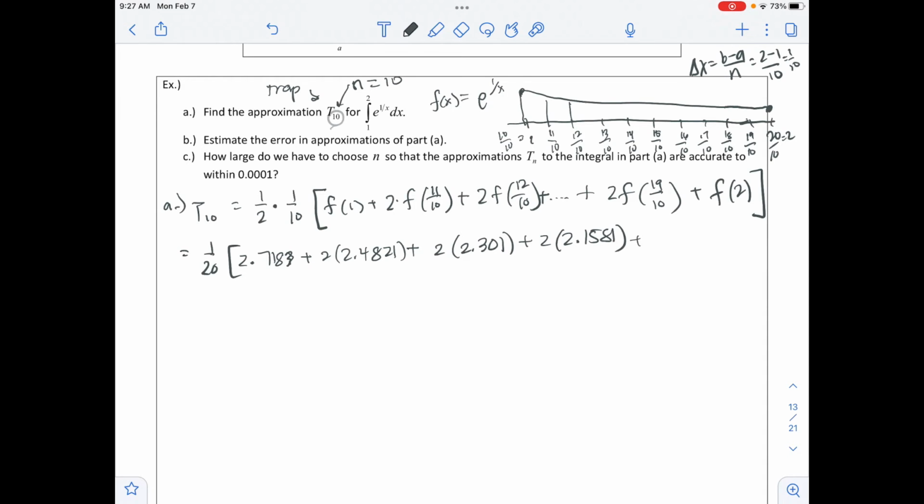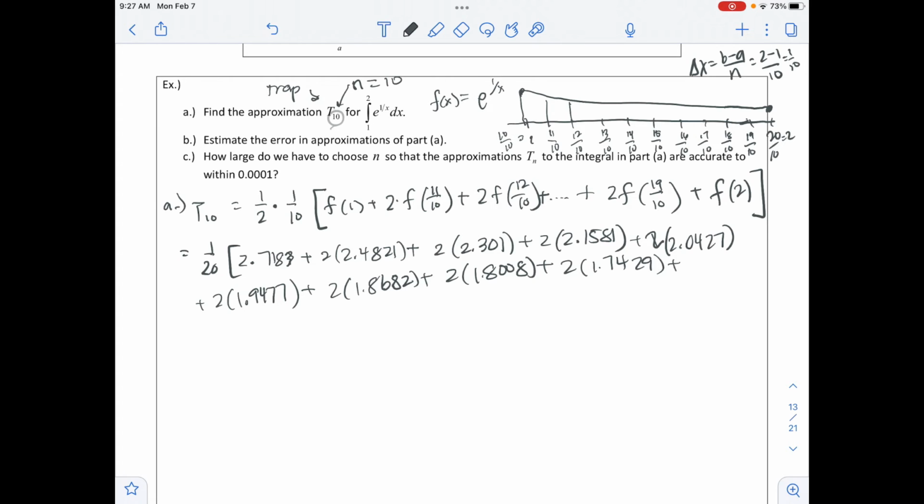Continuously doing this, 2 times 2.0427, plus 2 times 1.9477, plus 2 times 1.8682, plus 2 times 1.8008, plus 2 times 1.7429, plus 2 times 1.6927, plus 1.6487.